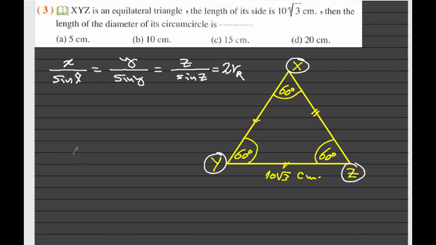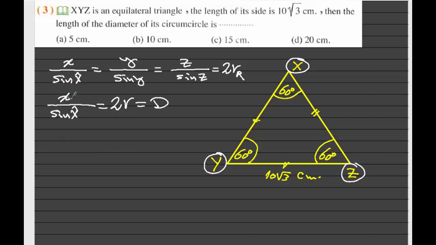We studied it in part 1. Now we know x over sine X from the rule equals 2r, and 2r equals the length of the diameter of the circumcircle, denoted by the symbol d, diameter.